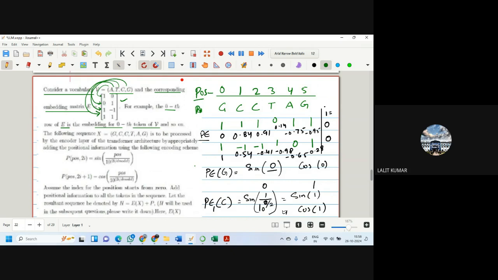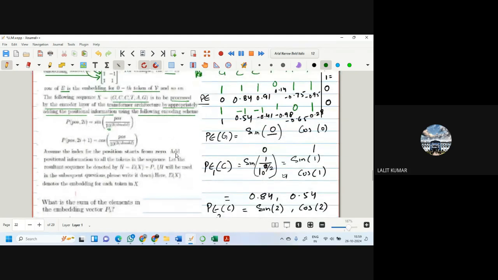The following sequence X equal to GCCTAG is to be processed by the encoder layer of the transformer architecture by appropriately adding the positional information using the following encoding scheme. Here they have changed the formula: instead of 10,000, they've used 10.